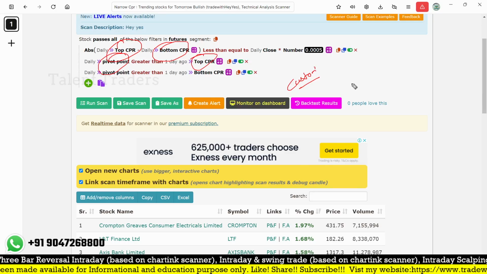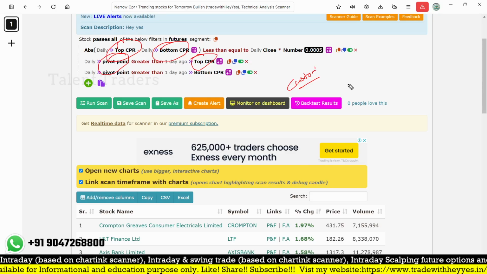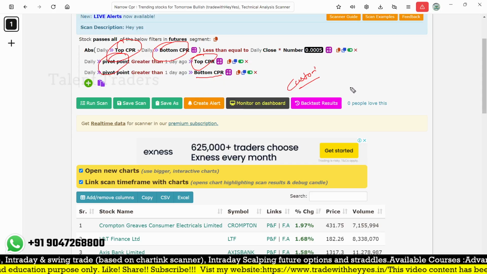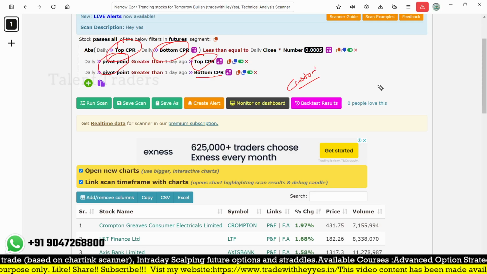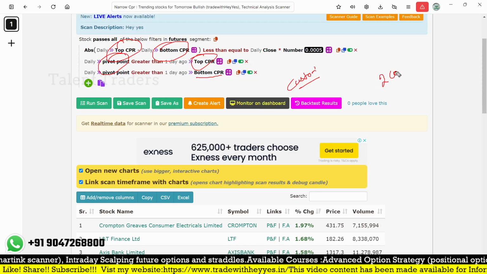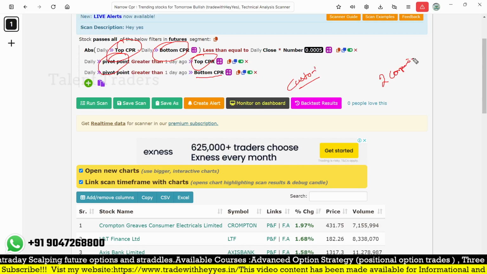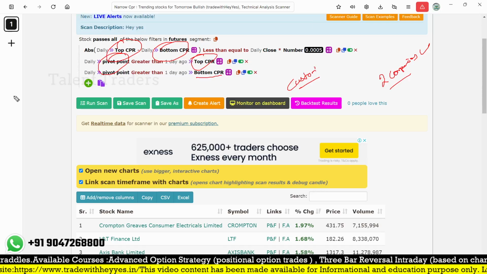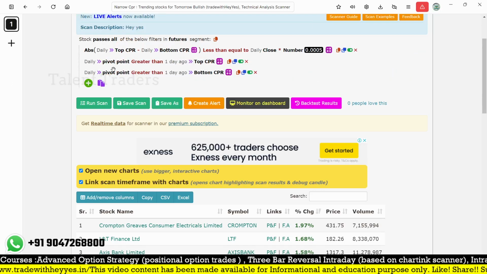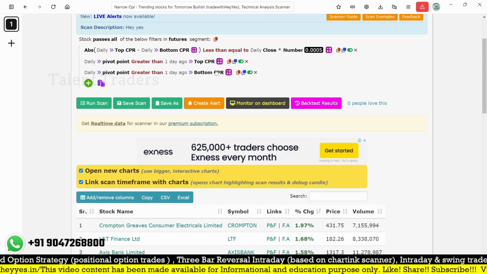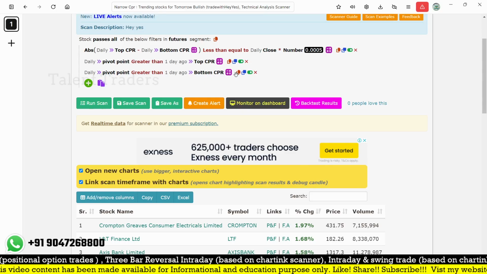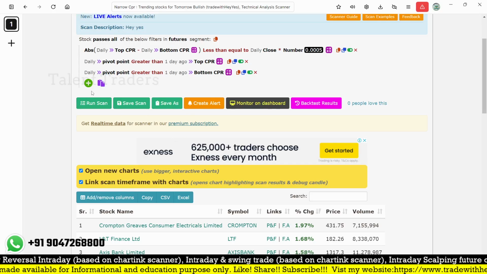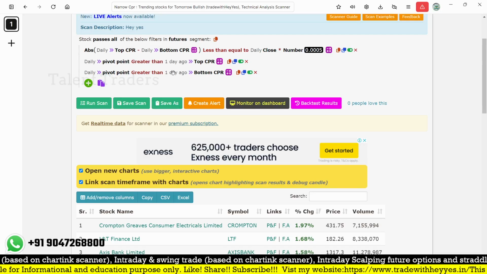Based on whatever logic you have, we can create your scanners and use it in the chart code to make multiple comparisons, because in charting only two comparisons are possible. But using a custom indicator, we can create multiple comparisons. Normally, if you search for top CPR or pivot point, it may be available, but bottom CPR would not be available. So based on that, we already created this scanner using our pivot point.